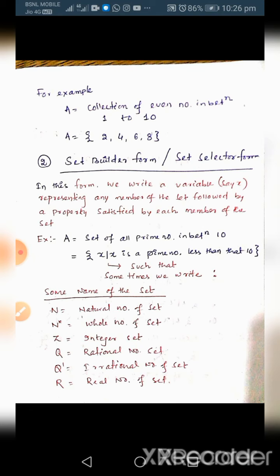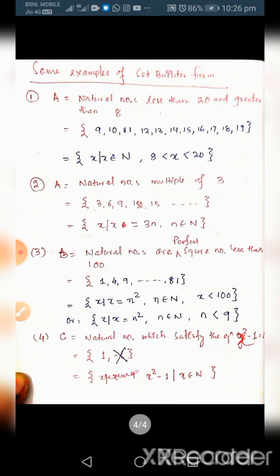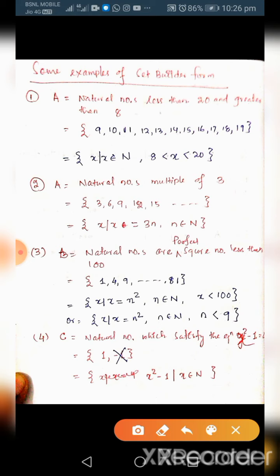Next, to explain the set builder form or set selector form, I will give some examples. Look, this example is: natural numbers greater than 8 and less than 20. You have to write more than 8 and less than 20.